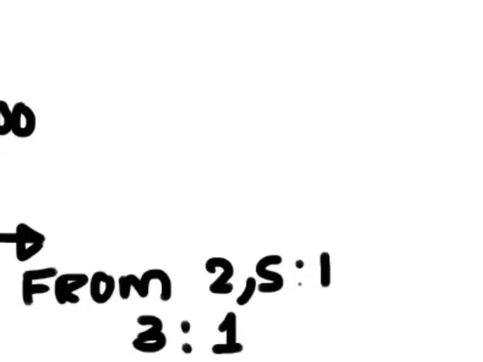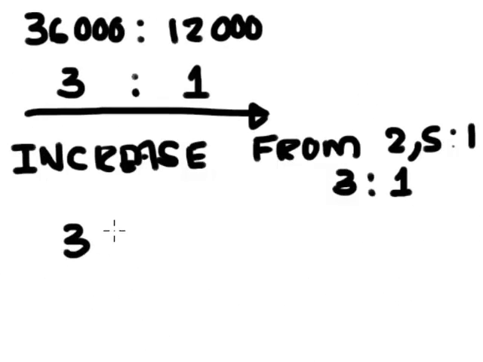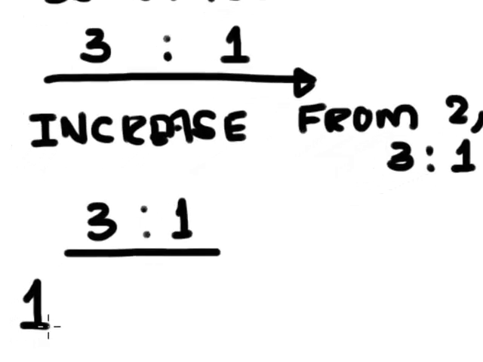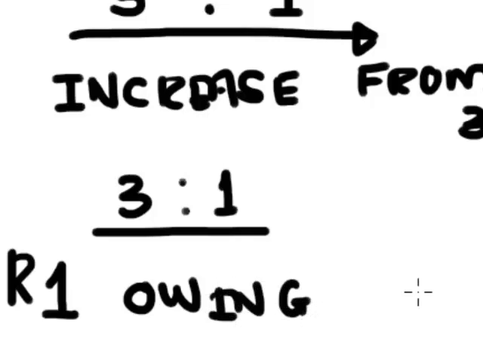Now what does a ratio of 3:1 indicate to us? It indicates that for every 1 rand that the business is owing, we have an amount of 3 rand available.